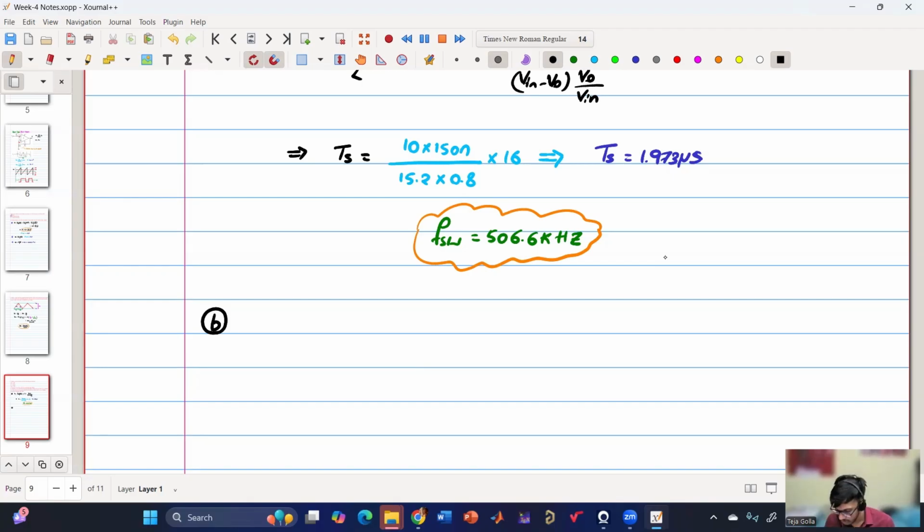D into Ts. Yes. So my T on is nothing but duty ratio into time period. What is my on-time? 100 nanosecond. And what is my duty ratio? 0.8 by 16, into switching time period T. So what is my time period T? This gets cancelled, 20 times, so 2 microsecond, right?